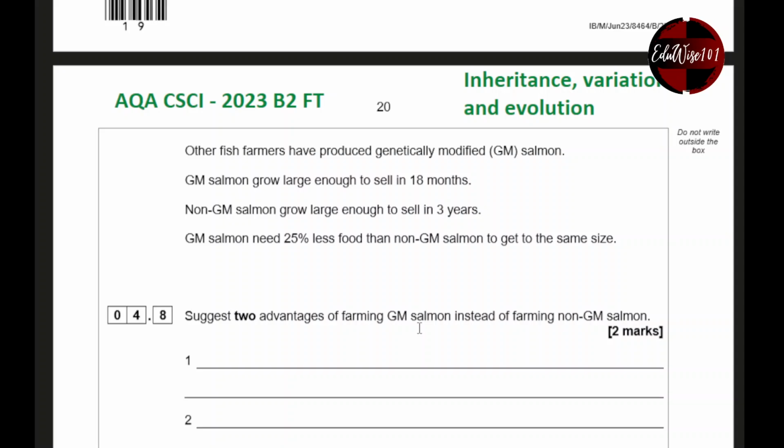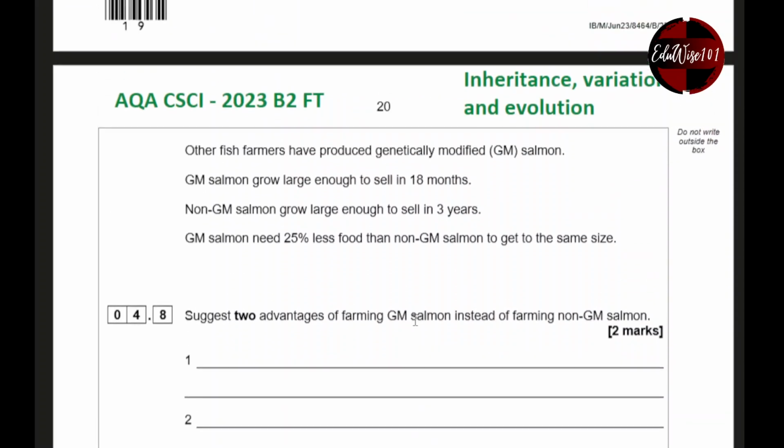Other fish farmers have produced genetically modified or GM salmon. GM salmon grow large enough to sell in 18 months. Non-GM salmon grow large enough to sell in 3 years. GM salmon need 25% less food than non-GM salmon to get to the same size.